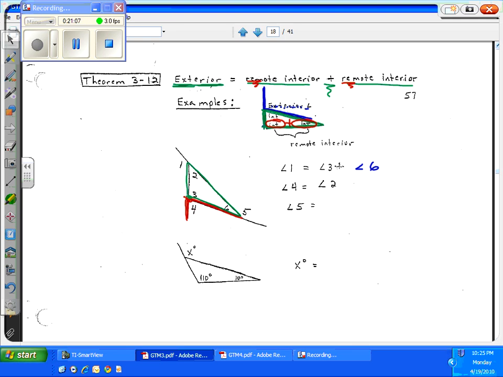Again, here's the triangle. The interior angles of the triangle are 2, 3, and 6. The one adjacent to angle 4 is the one that has the same vertex and a common side with angle 4, which is angle 3, meaning that the other two, 2 and 6, are the ones that are remote. And so we know that angle 4 is equal to the sum of its two remote interior angles, angle 2 and angle 6.